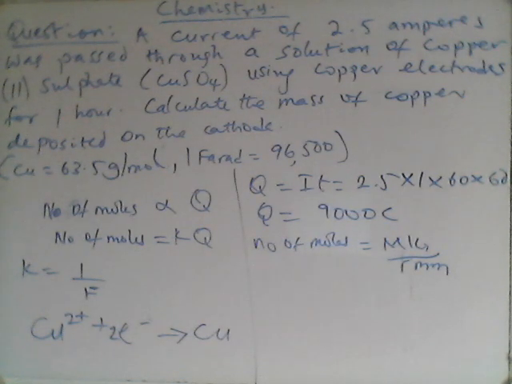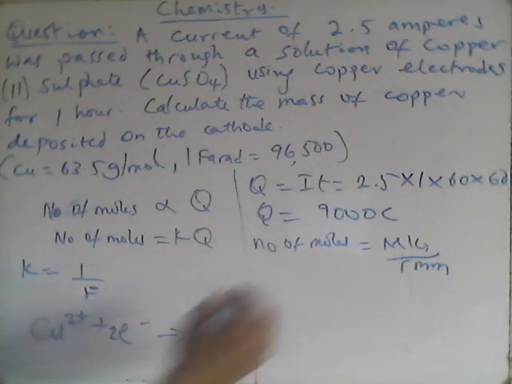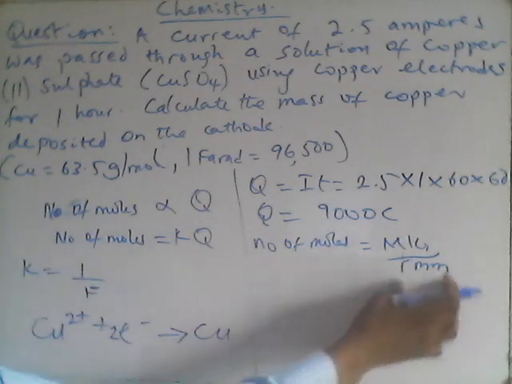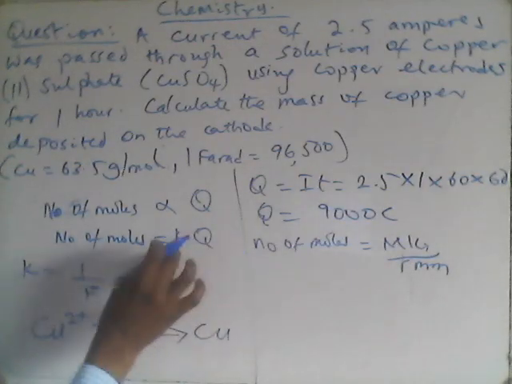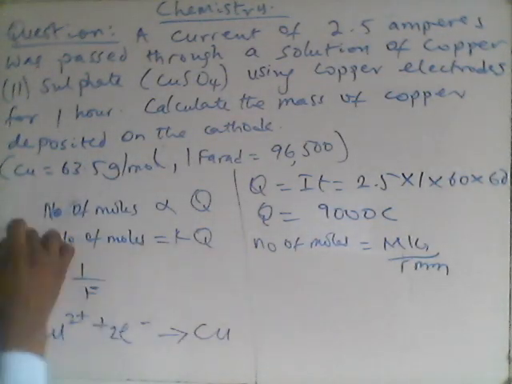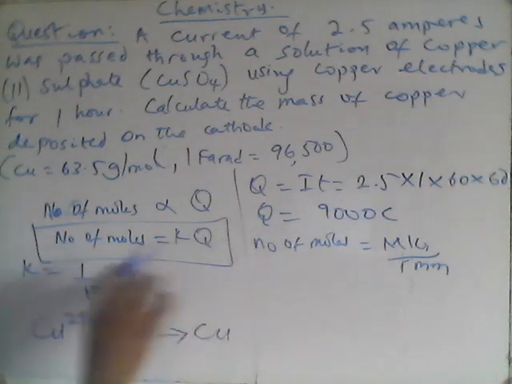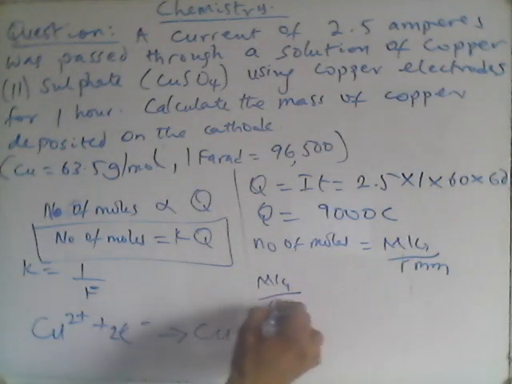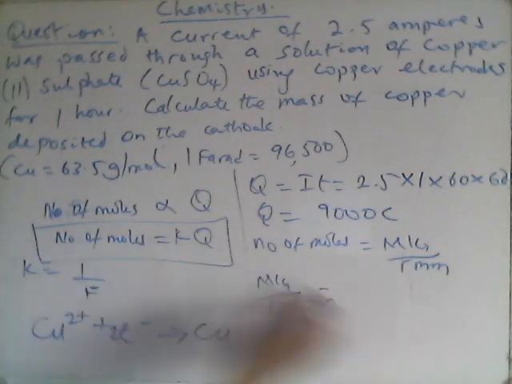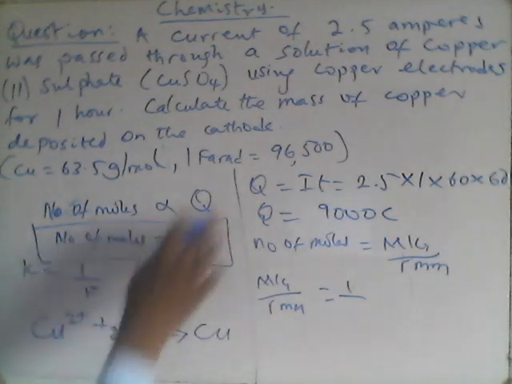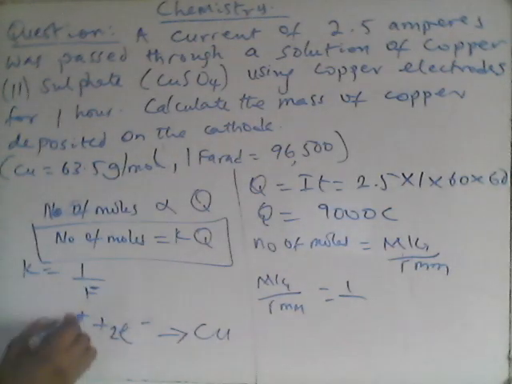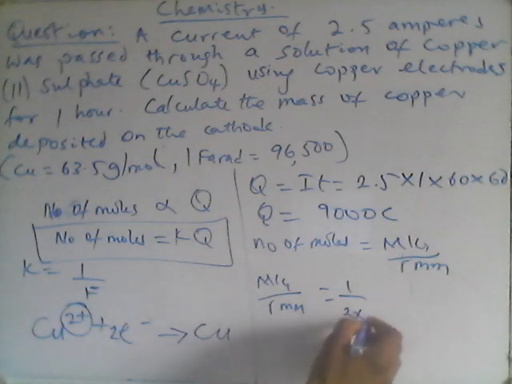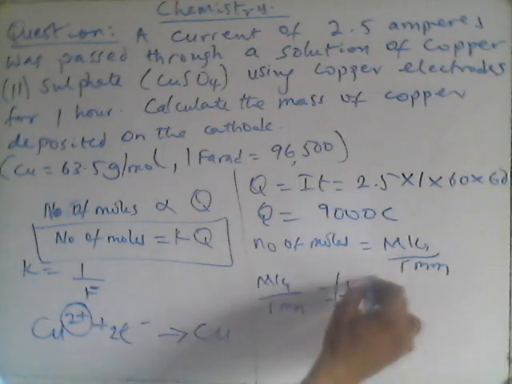So let me put everything in this formula: the number of moles, mass over RMM, is equal to k times Q, where k is 1 over F. Because 1 faraday is 96,500, and 2 electrons are added, 2 faradays will now become 2 times 96,500.